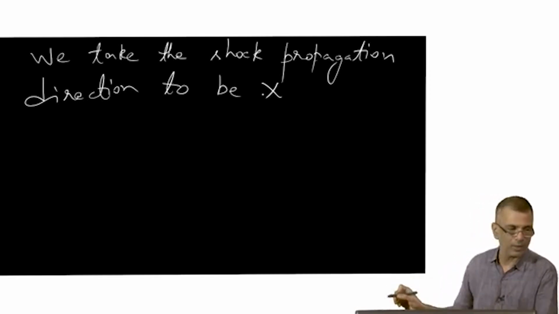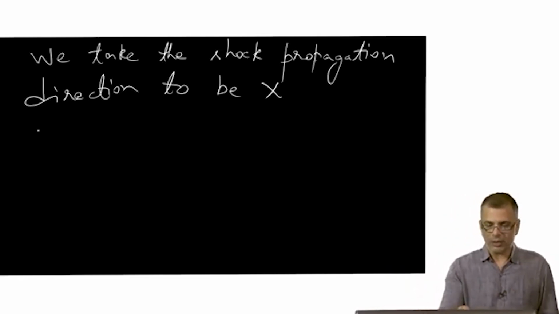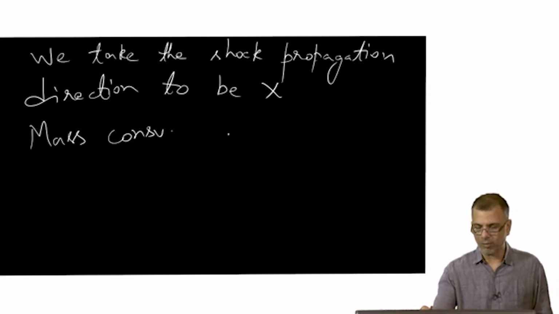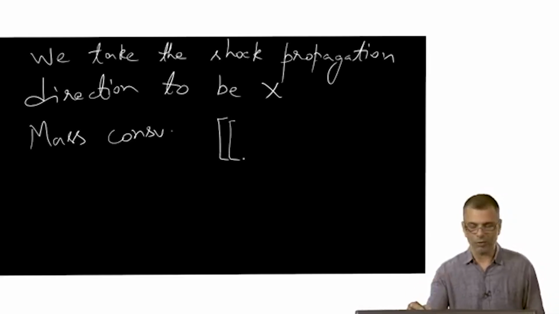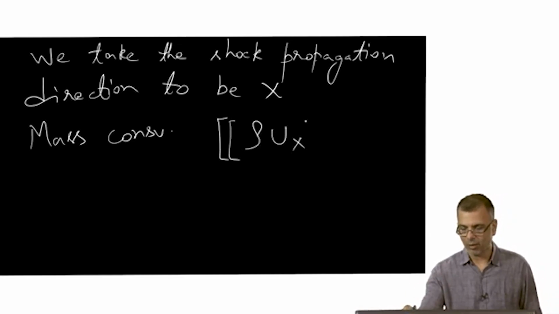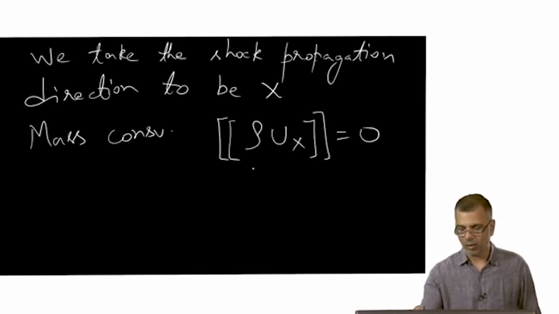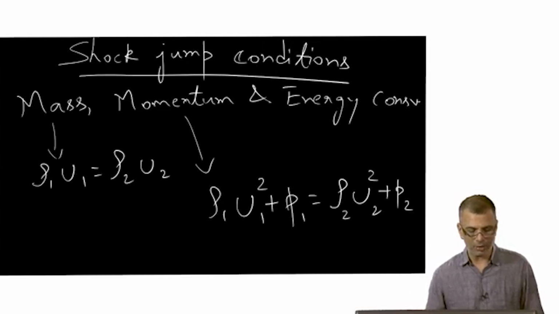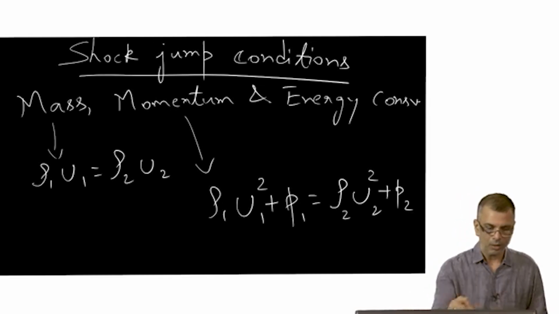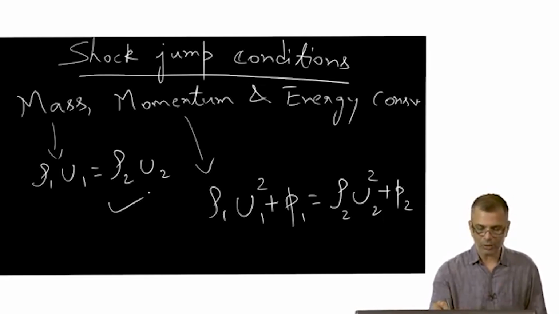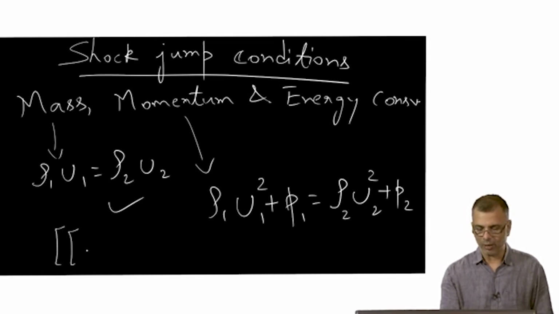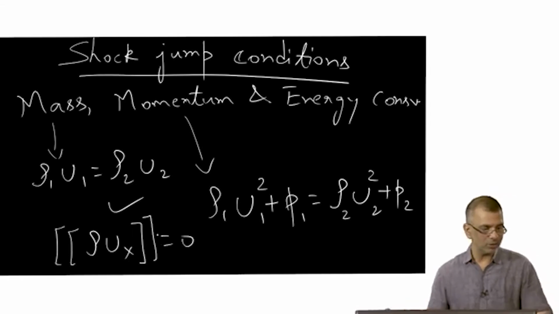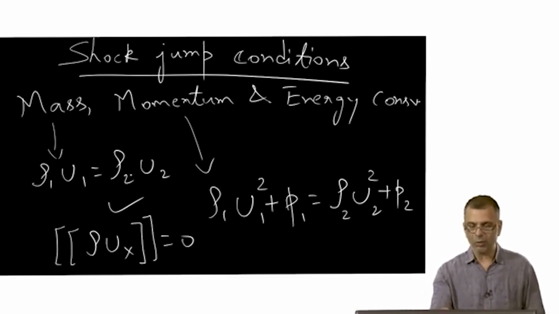Now, mass conservation can be written as rho 1 ux1 minus rho 2 ux2 is equal to 0.